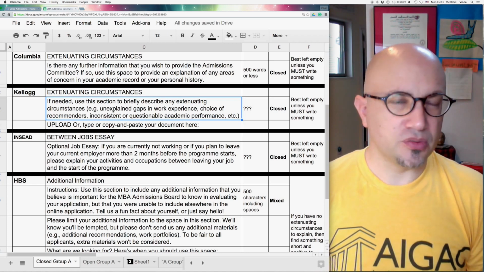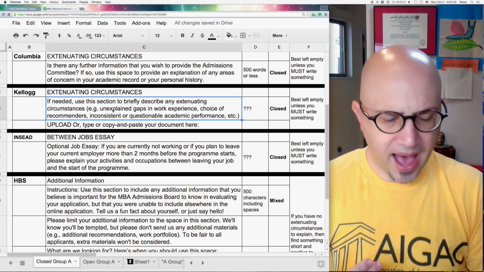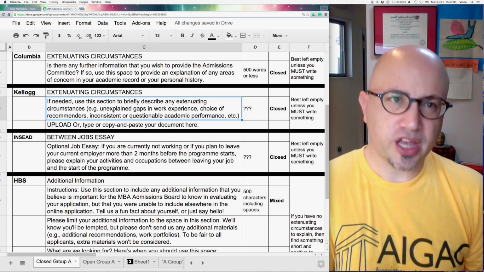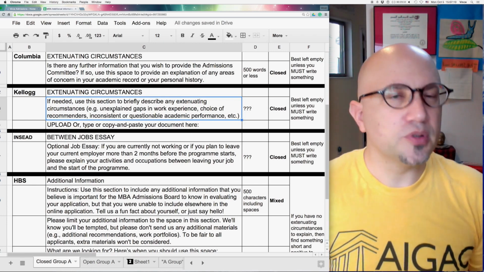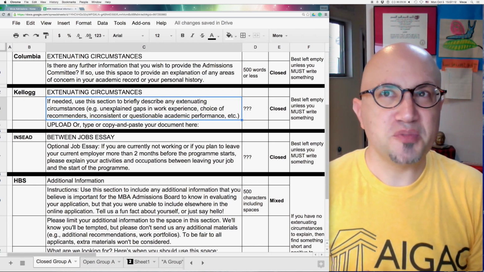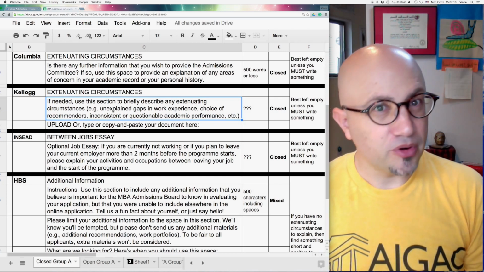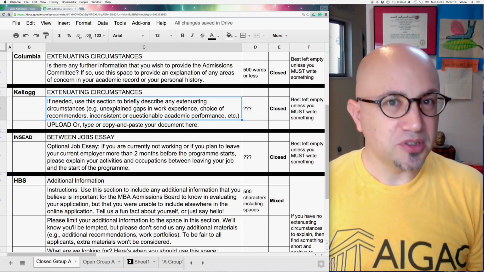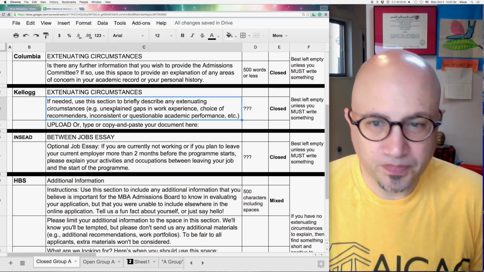That's important because a recruiter is going to notice that. There's a 6-month gap between your first job and your second job, or you weren't working before MBA. You just need to be able to explain it, because you're going to need to explain it to a recruiter before you get an internship or a job. You should also be able to explain it briefly to the admissions director.